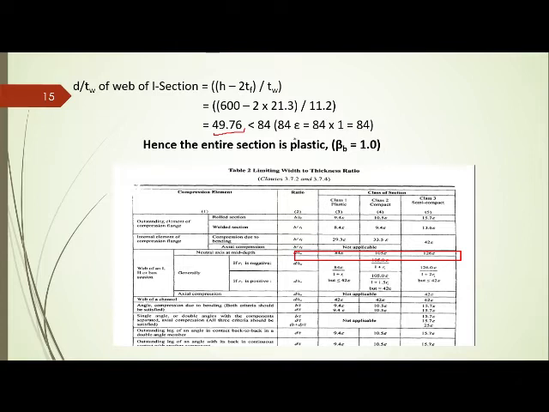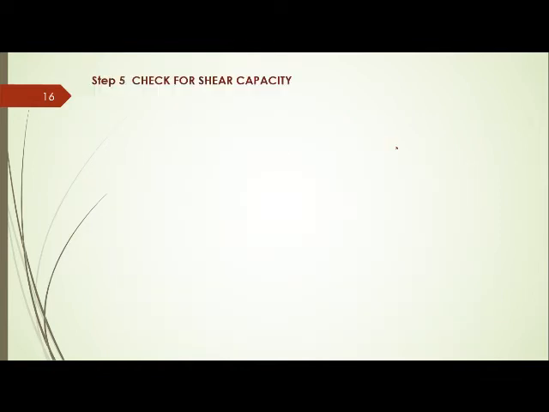Here we have seen that in both cases it is referring to class 1 type of section, which is plastic class, and so the beta b for the beam check will be equal to 1 for the plastic class of section.